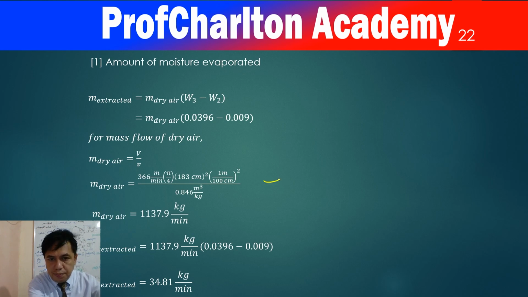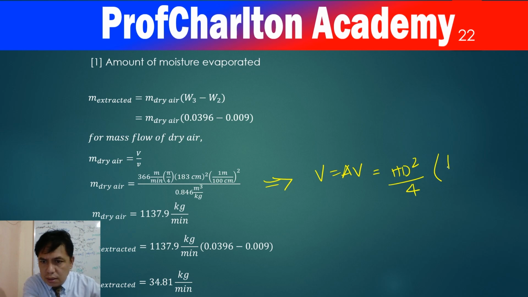So here, this thing is V equals area times velocity, which is area pi d square over 4, right? Then velocity is 366 meter per minute.